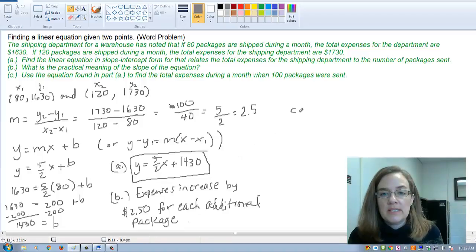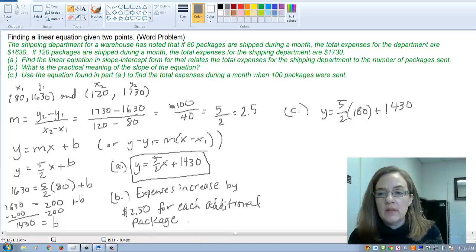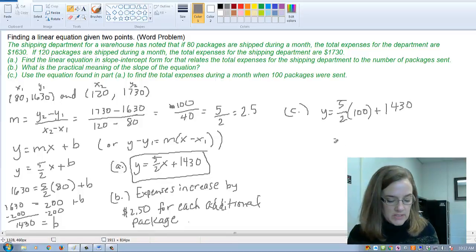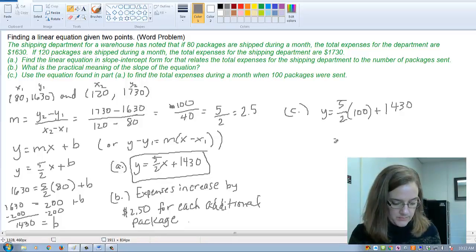And then for part C, it's just to plug in how much the cost for the department would be if you were plugging in 100. So we've got 5/2 times 100 plus 1430. I think I can kind of do that in my head, but let me just type it in to make sure.